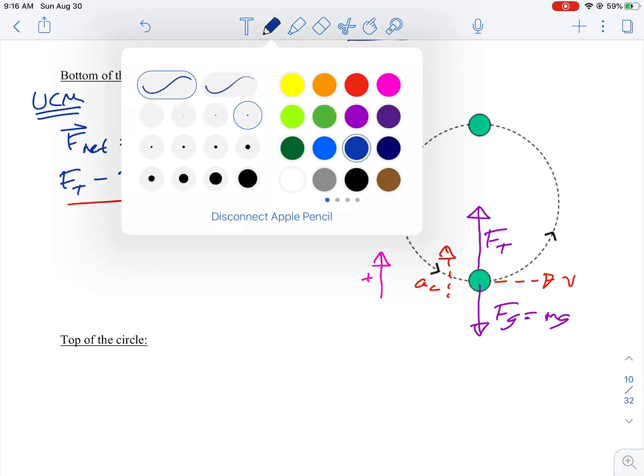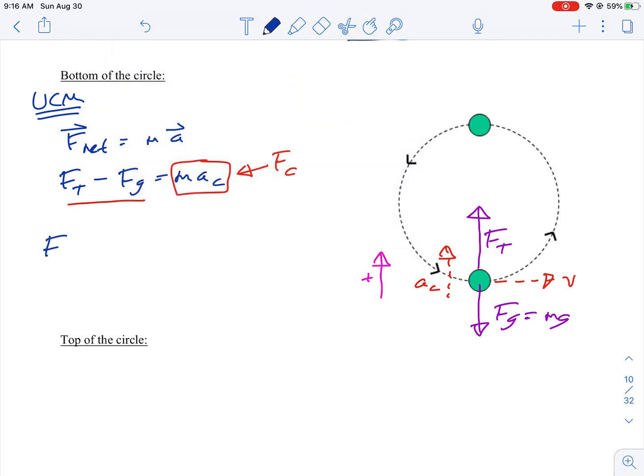If you get Ft by itself, we discover that Ft equals ma_c plus Fg. It's the sum of those two. What you have to know is that at the bottom of the circle, because of the sum of these two together, Ft is going to be really large. When you look at the force diagram, because acceleration goes upward, Ft has to be bigger than Fg.